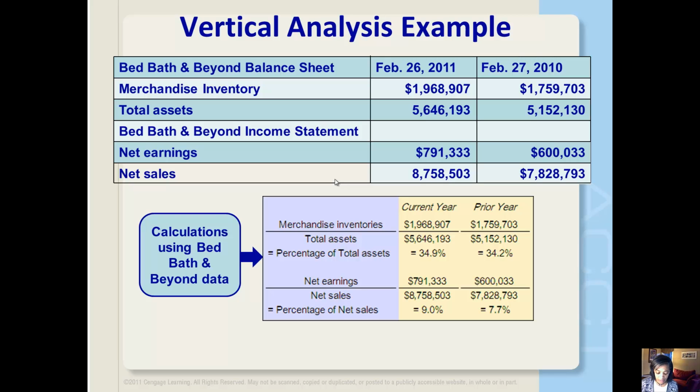And then in the income statement, each year's net earnings is divided by net sales. You see the balance sheet calculations first, and then the income statement calculation. We see that inventory as a percentage of total assets has grown a little bit for Bed Bath & Beyond, and so has net earnings as a percentage of net sales.